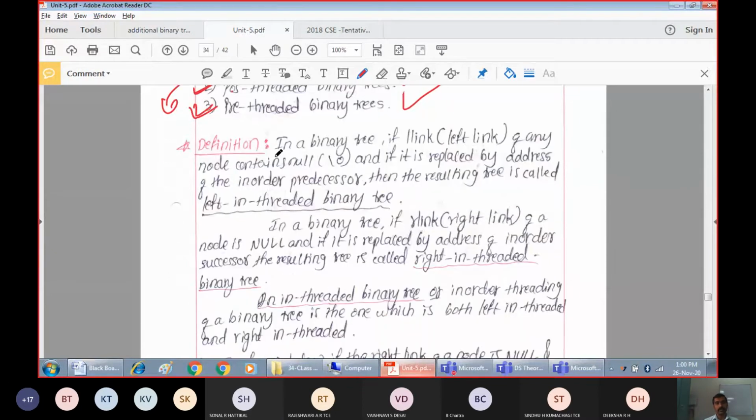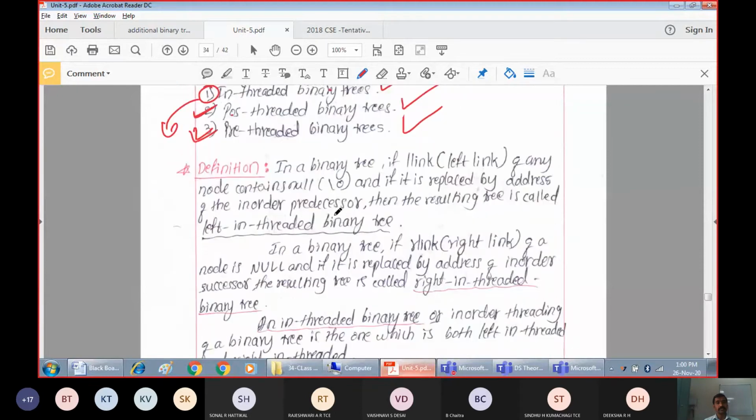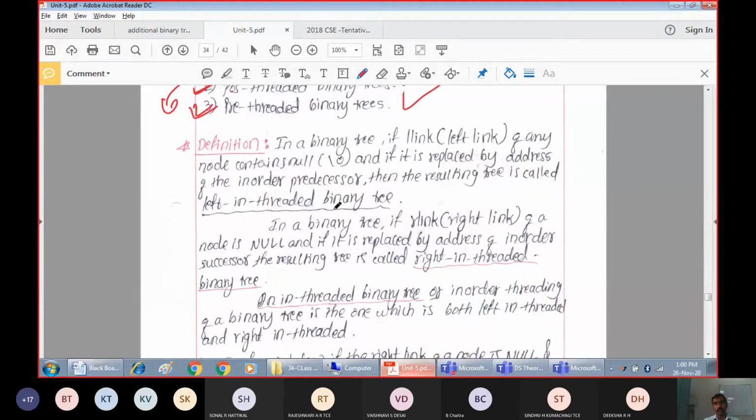Let us now define the in-threaded binary tree. That means we should concentrate on in-order traversal. In a binary tree, if the left link of any node contains null, and instead of storing null it is replaced by the address of the in-order predecessor, then the resulting tree is called a left in-threaded binary tree.